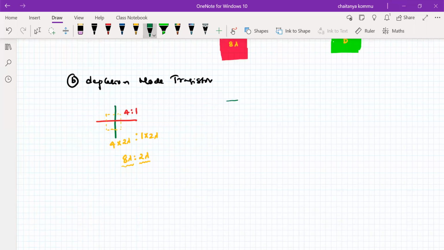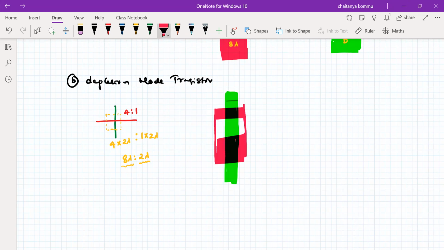Diffusion we have to consider 2 lambda. All the dimensions of the PMOS transistor should be maintained 4 times that of the enhancement type.